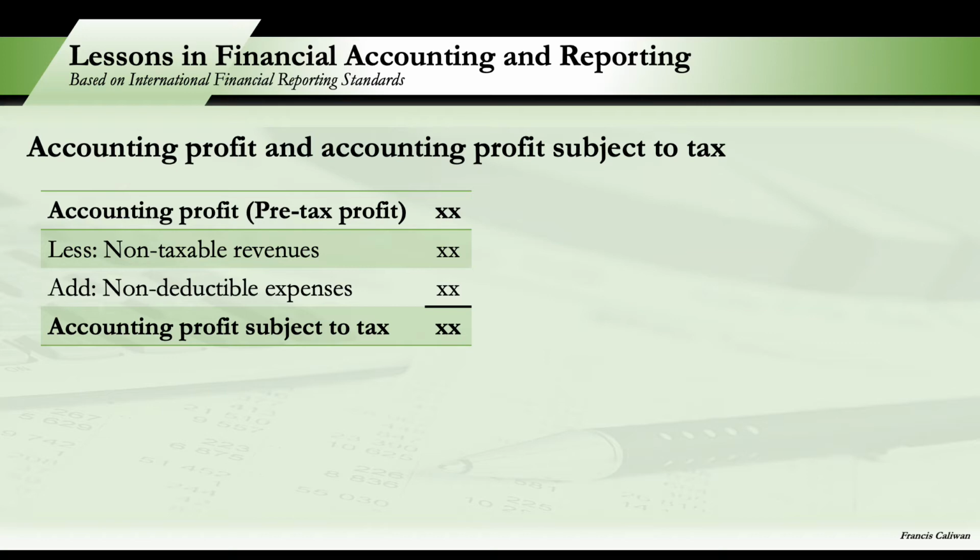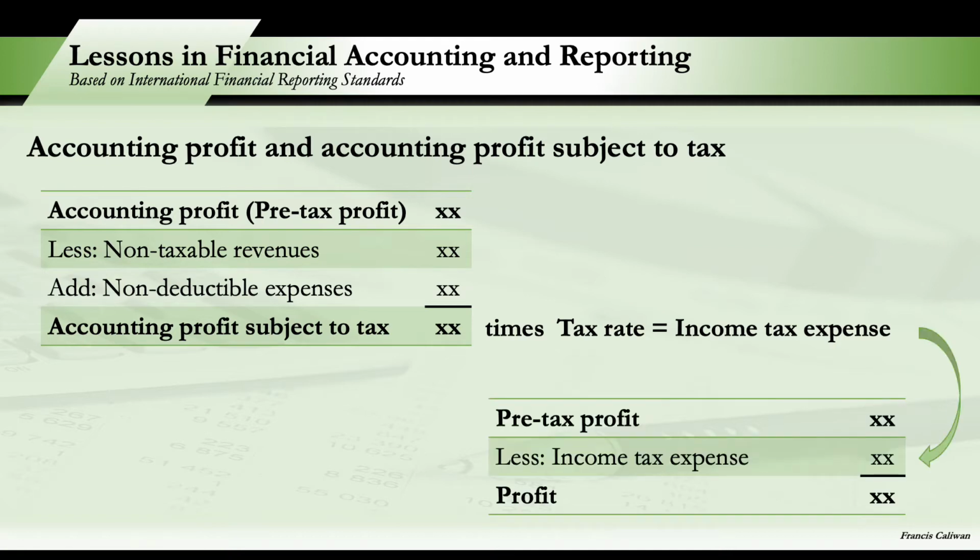And that accounting profit subject to tax, if multiplied with the tax rate, will result to our income tax expense. And that income tax expense, if deducted from our accounting profit, will result to our profit or net income.